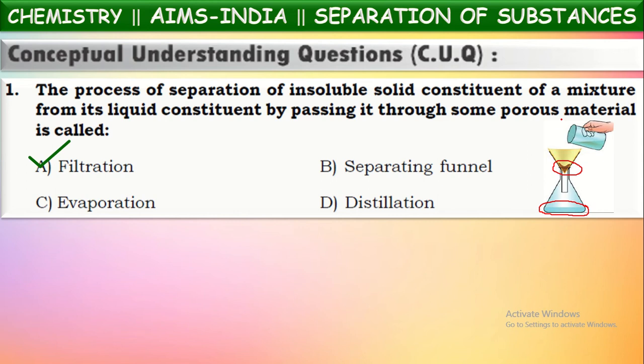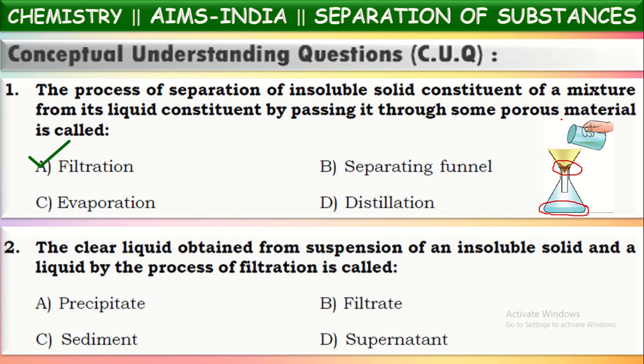Okay, next, the clear liquid obtained from a suspension of an insoluble solid and a liquid by the process of filtration is called. Yes, I just told you. They're asking about the pure liquid. The pure liquid obtained by the separation of the insoluble solid substance by the process of filtration is called what?